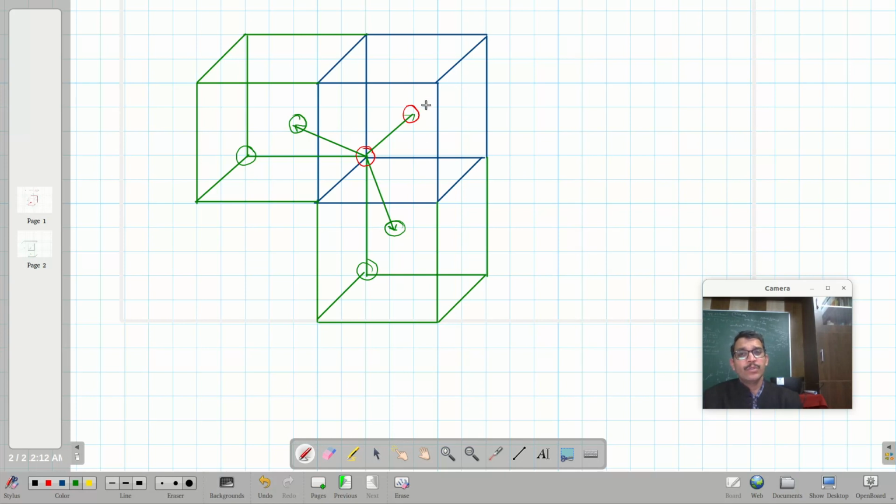Because we need three vectors, first of all let me call this the x-axis, this the y-axis, and this the z-axis. So if I join this and this, I draw a line parallel to it.